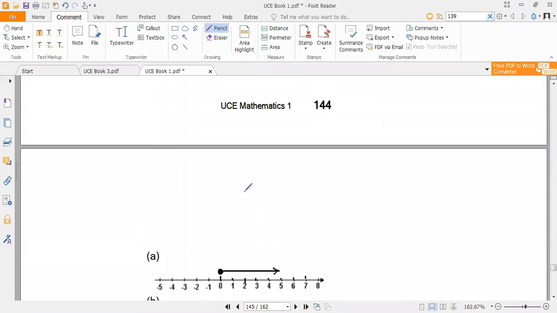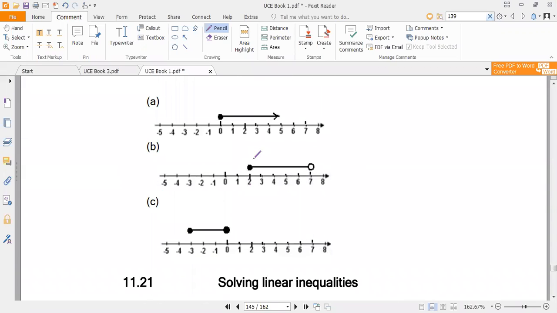Okay, we are supposed here to write inequalities for these. You can see here that 0 is included since it is a shaded circle. So if we call the range of values x, the inequality is x is greater than or equal to 0, since the values this side are greater than 0.